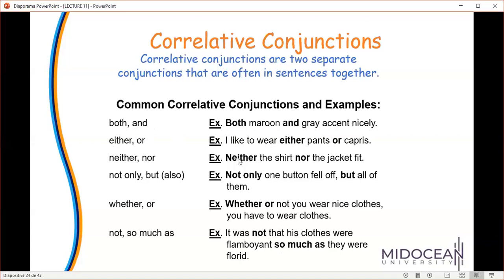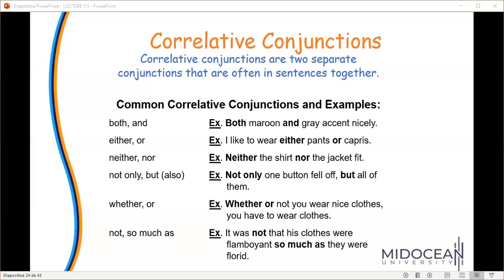Neither nor: Neither the shirt nor the jacket fit. Not only but: Not only one button fell off, but all of them. Whether or: Whether or not you wear nice clothes, you have to wear clothes. Not so much as: It was not that his clothes were flamboyant so much as they were florid.